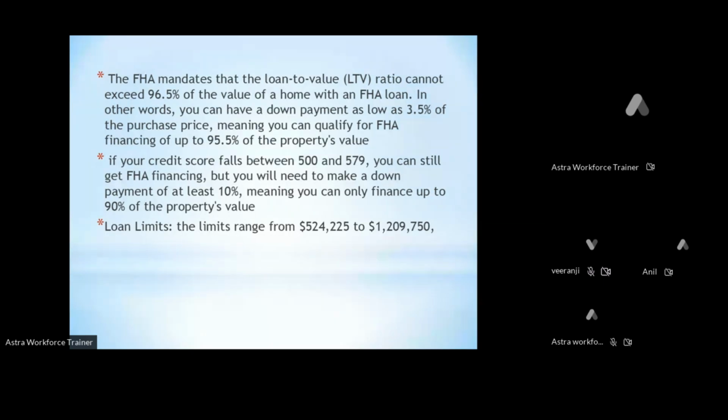The FHA mandates that the loan to value ratio cannot exceed 96.5% of the value of the home with the FHA loan. In other words, you can have a down payment as low as 3.5% of the purchase price, meaning you can qualify for FHA financing of up to 96.5% of the property value. If your credit score falls between 500 and 579, you can still get FHA financing, but you will need to make a down payment of at least 10%, meaning you can only finance up to 90% of the property's value.